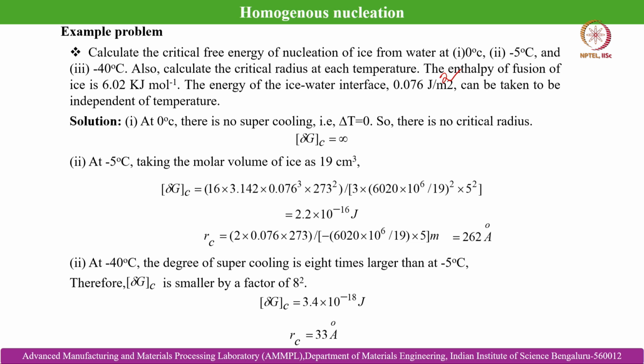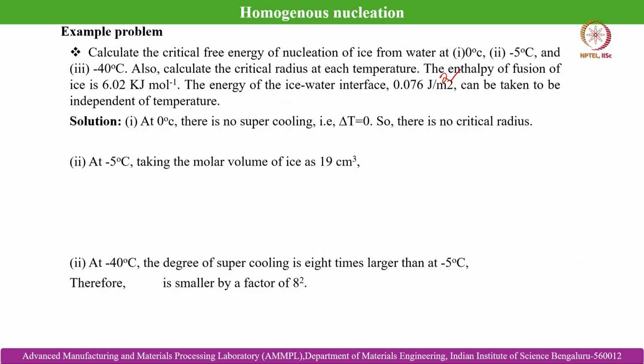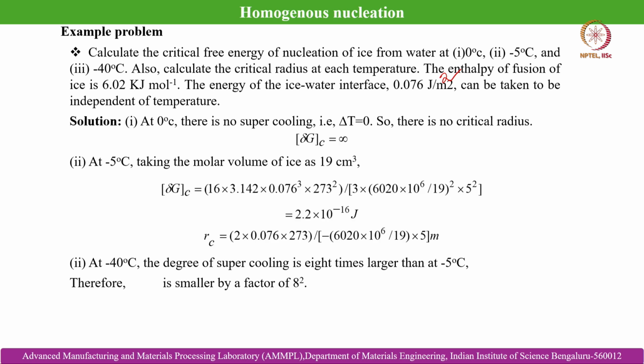In the case of minus 5 degree, that is 5 degree centigrade undercooling, taking the molar volume of ice as 19 cm cube, we just need to put in the formula of delta G critical that we evaluated in the previous slide. That formula is delta G critical equals 16 pi gamma LS cubed by 3 delta G square. So, this is what we are putting here.